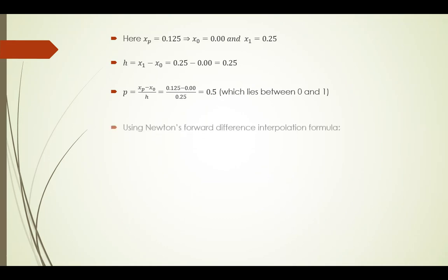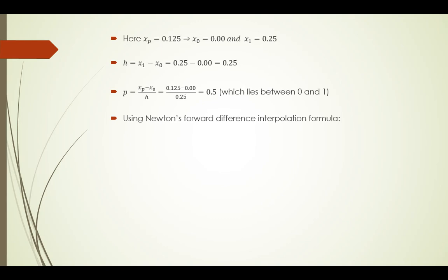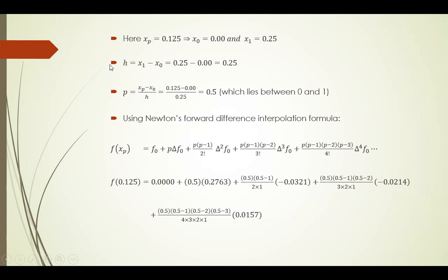So the next step is you need to apply Newton's forward difference interpolation formula, which is this formula. We see from the table that we have found 4 differences of f naught, so we will extend the formula of Newton's up to 4 differences, delta 4 f naught. So simply you need to replace the values. What is the value of xp? The value of xp is here 0.125. This is xp. The value of f naught from the table is 0.00.